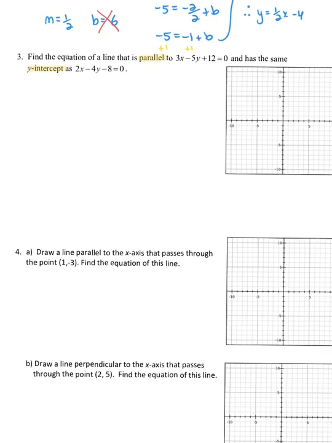And once we know the y-intercept of this equation, we know the y-intercept of our equation. So I'm going to label the first equation 1 and the second equation 2. And I'm going to take equation 1 and I'm going to rearrange it to the form y equals mx plus b to find the slope.